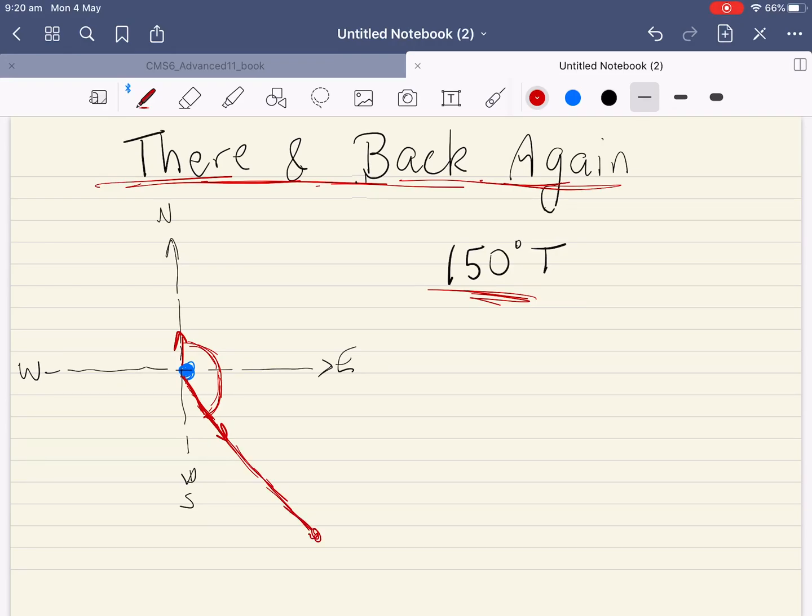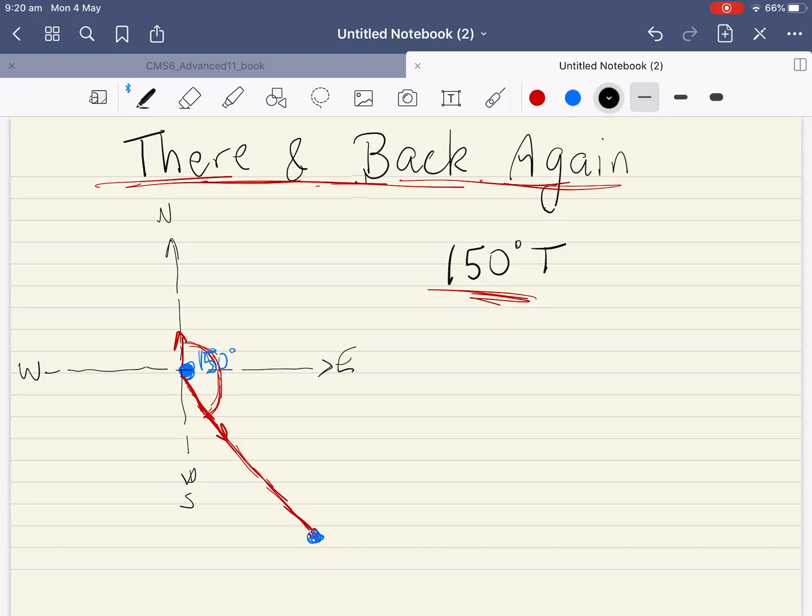This is 150 degrees true bearing. All right, so the hobbit's gone for a walk on a bearing of 150 degrees, and he's ended up down here. Now, the whole point of this video is us learning how to work out the bearing that gets him back to his original position.